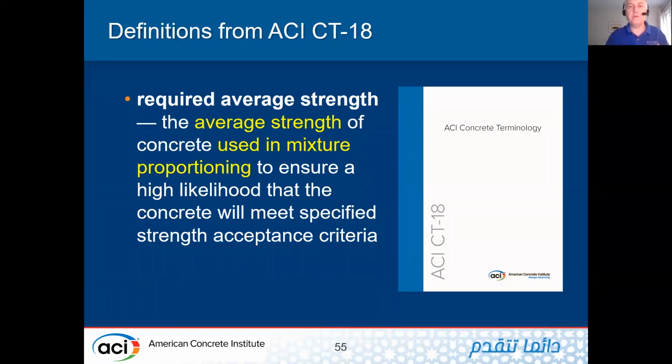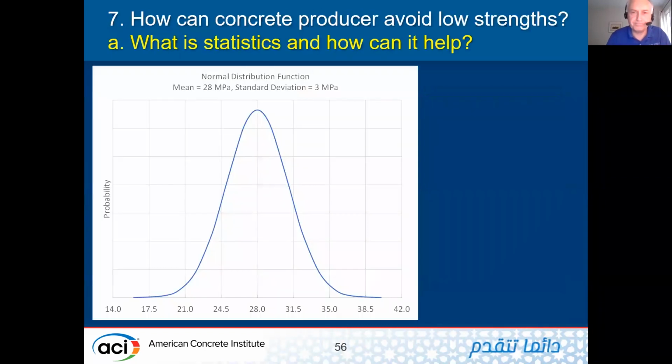So the goal here is to have some kind of average strength of concrete when you prepare the mixture, so you have high likelihood that it will be accepted based on the testing and acceptance criteria that we have just covered.